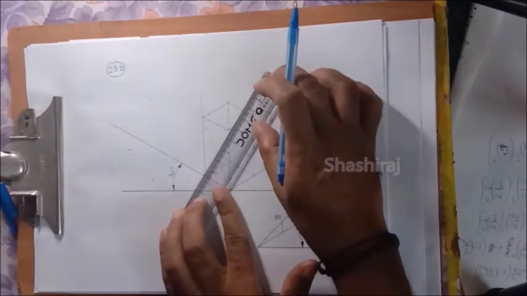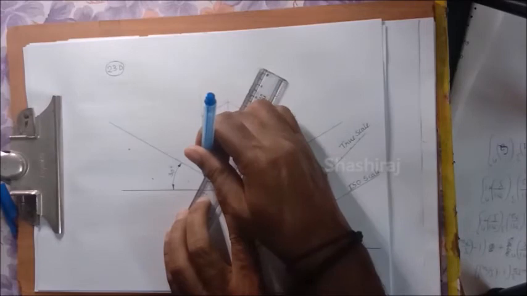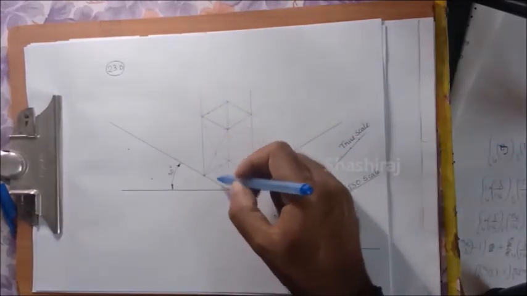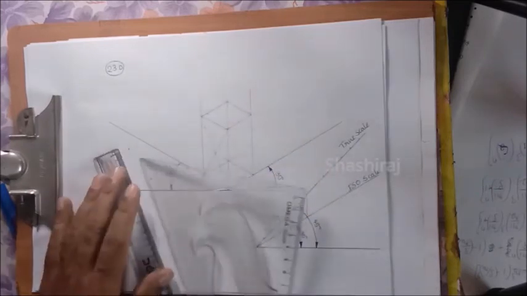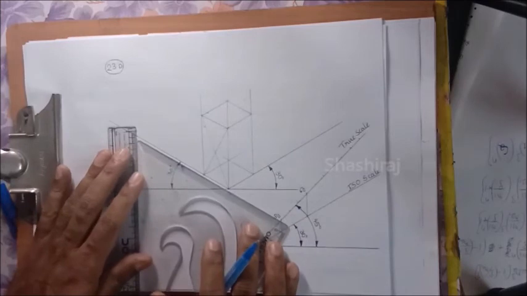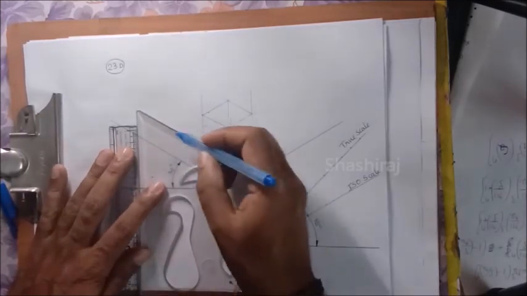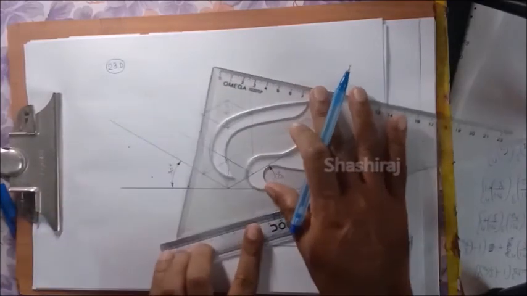This line and this line. So we got the center here. This is the center of the vertical face here. So there I need to draw two axes. One of the axes should be parallel to this one. And the other one should be parallel to vertical.